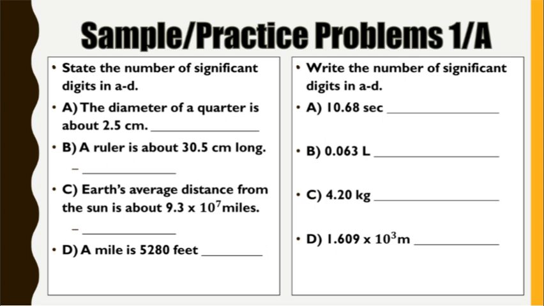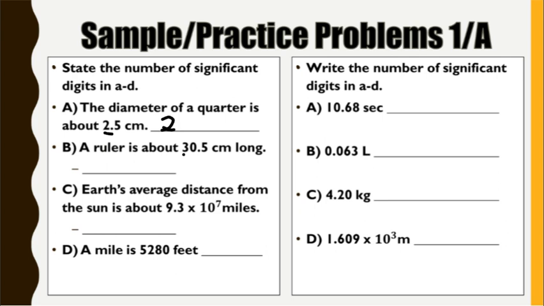So letter A, the diameter of a quarter is about 2.5 centimeters. This would have 2 significant digits, 2 and 5. Letter B, a ruler is about 30.5 centimeters long. Since my 0 is between 2 non-zero digits, I can count the 0.